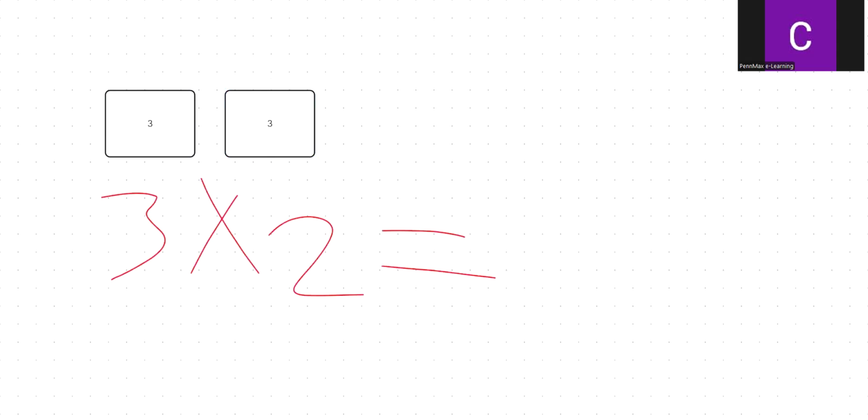So the amount of things is 3. Because there's 3 in each box and there are 2 boxes, we could just say the equation is 3 times 2 equals, you can either use 3 plus 3, which equals 6, and guess what? It's the same answer.